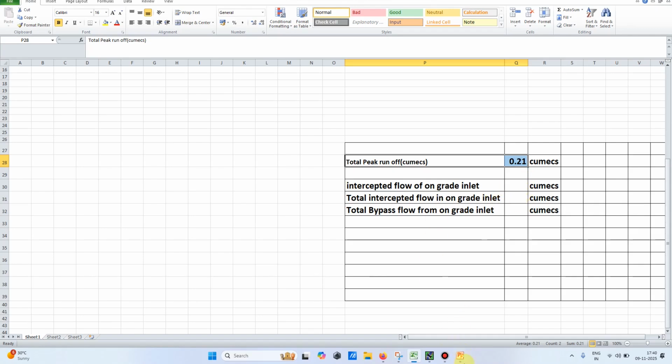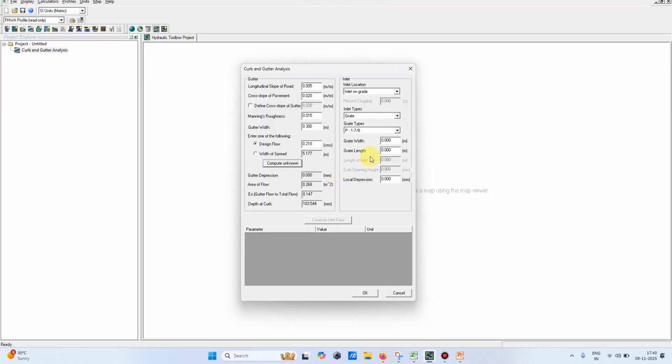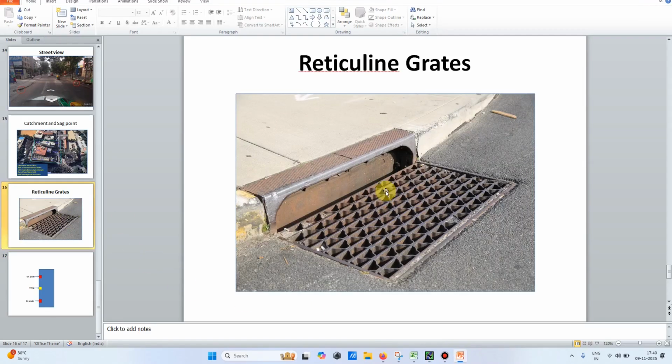So first start here. The inlet type would be grate. The grate type, as I mentioned earlier, will be the reticuline type of grate. Reticuline shape is nothing but the honeycombing shape, so this will be the type of inlet I am using here.